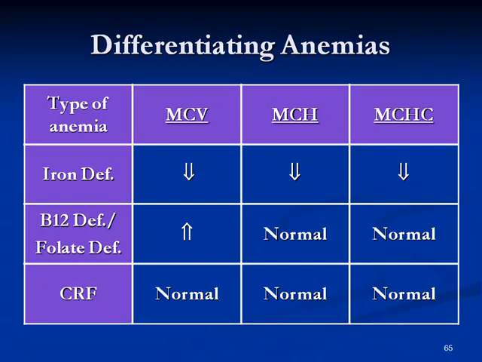So in the anemia of chronic renal failure, these values tend to be normal. Now at the end stage of disease, you might see something different, but at least at the beginning, they're going to be normal. So by understanding these, when you look at the red blood cell indices, you can say, well, this patient might have an iron deficiency anemia, or this patient might have a folic acid deficiency. So it helps you narrow down what kind of anemia they have.